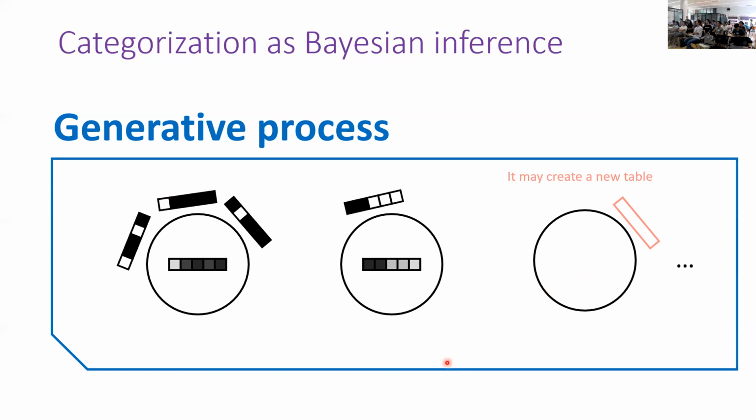So if this happens, then there is a hyperprior for the prototype, or the set of parameters, inside this table. Here we could use a beta distribution to generate random values. What I will show here is just the special case of the beta distribution.